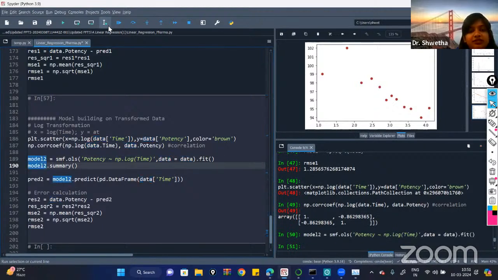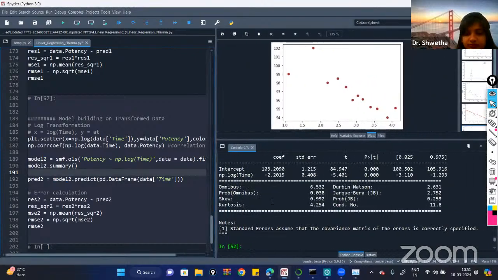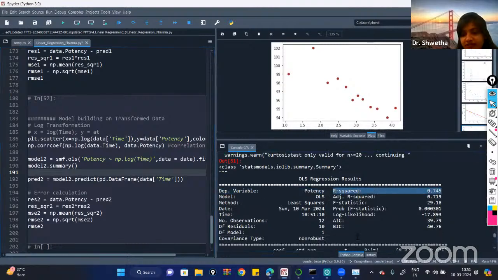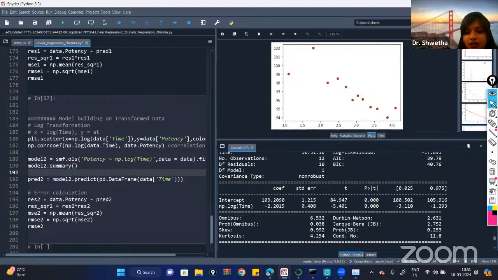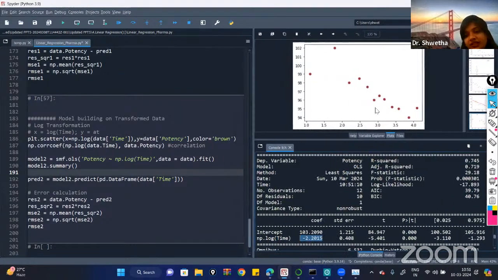The results of this model will be stored in model2.summary. Now, the R squared value for this model has increased to 0.74. This is the intercept value and this is the logarithmic value. Ultimately, we have increased the accuracy and this relation is better.